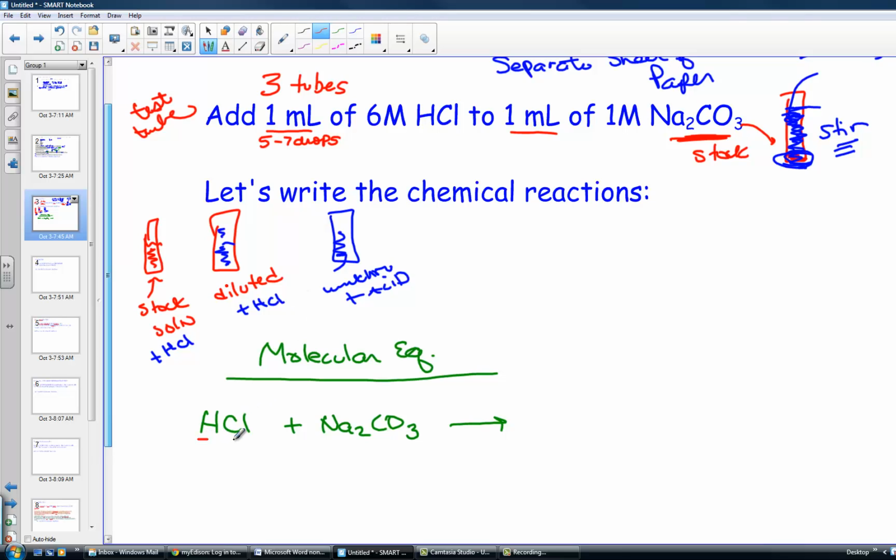Here we know hydrogen chloride in water is hydrochloric acid. It's a +1 -1. Here we have sodium carbonate. It's a +1 -2 for ions. Outers, inners, the double replacement pattern. Hydrogen goes to carbonate, sodium goes to chloride.